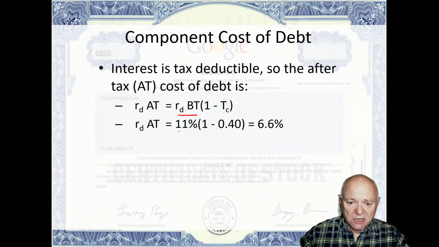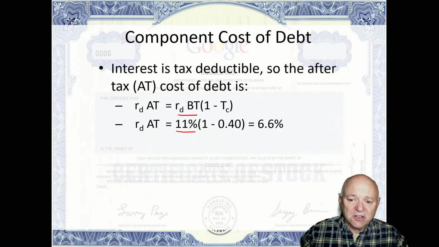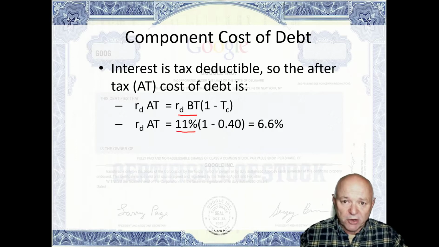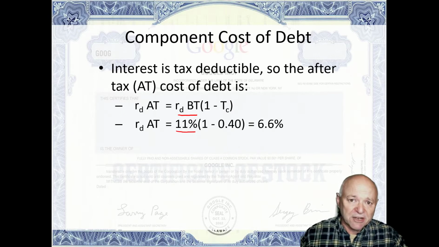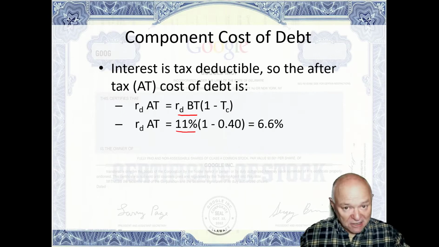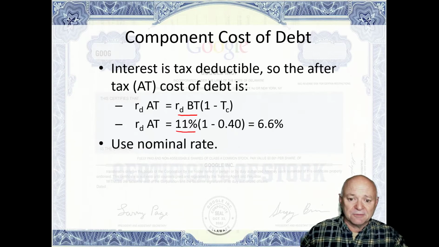In this situation, if we said that our yield on our debt was 11% and our tax rate is 40%, 11% times 0.6 would give us 6.6% as the after-tax cost of debt.